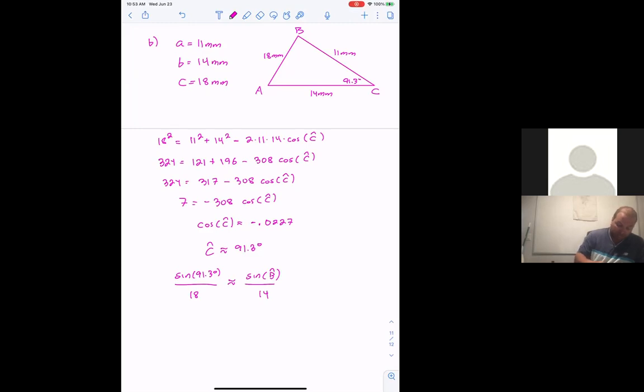So I'll take the inverse sine, and I get that B hat is approximately 51.0 degrees, which is smaller, which is good. Add that to the 91.3 degrees, then 180 minus it, and I get A hat is approximately 37.7 degrees. Biggest, middle, smallest. Good that we have confirmation.